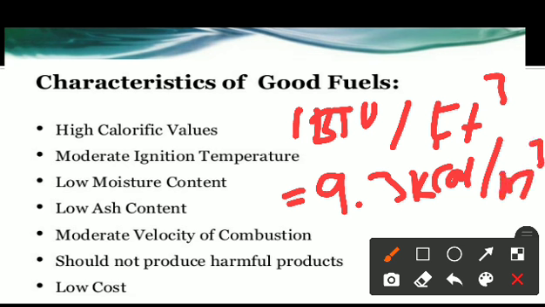This is about high calorific value. In the next lecture we will learn how to calculate the calorific value.